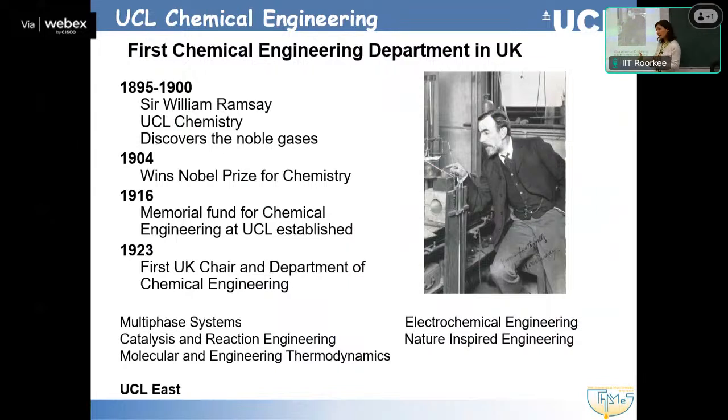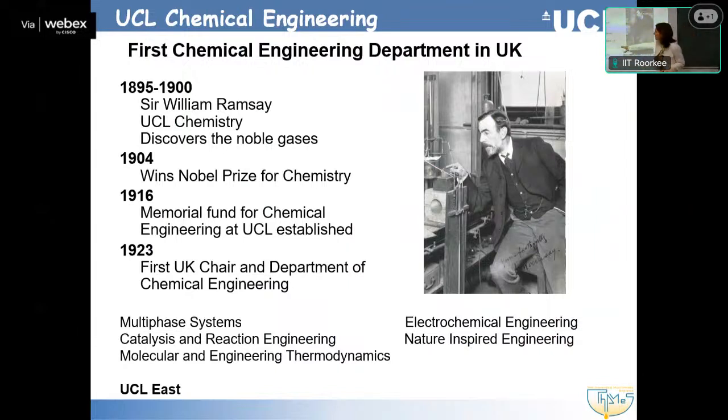Now in the department, we have these research areas: multi-phase systems, catalysis and reaction engineering, molecular and engineering thermodynamics, electrochemical engineering that does a lot of work also on fuel cells and batteries, and nature-inspired engineering.